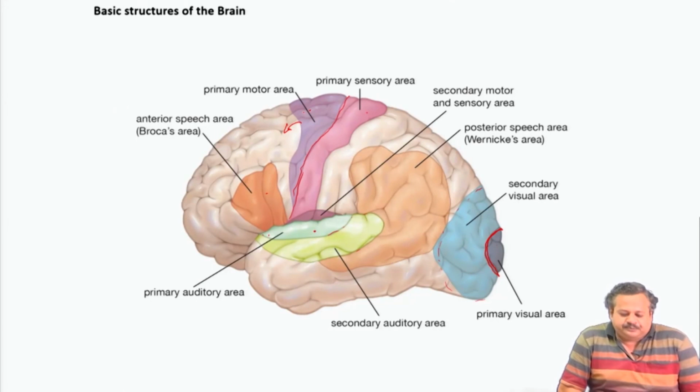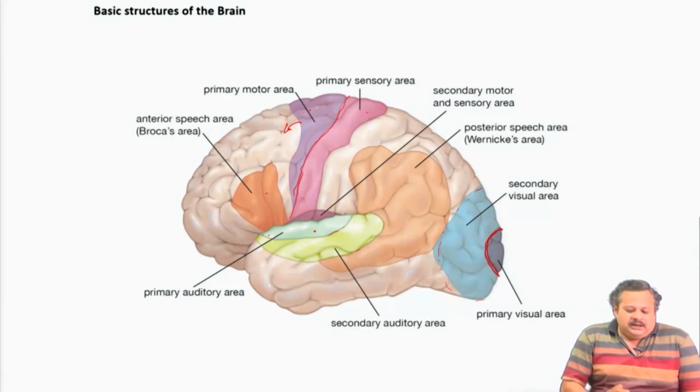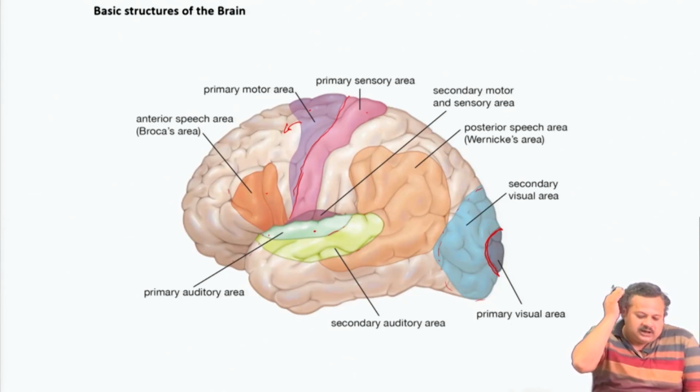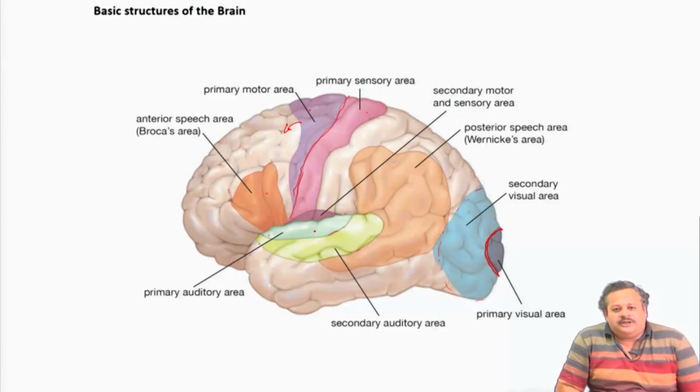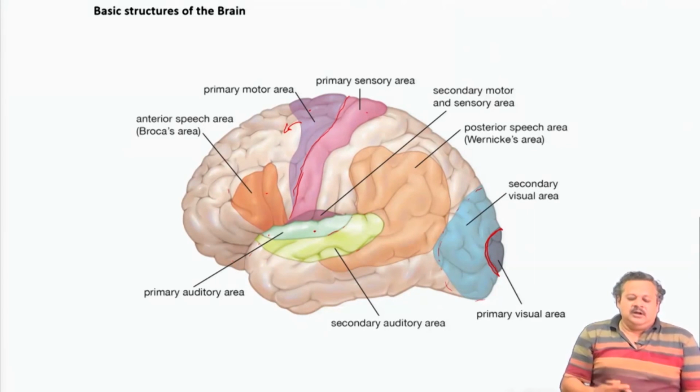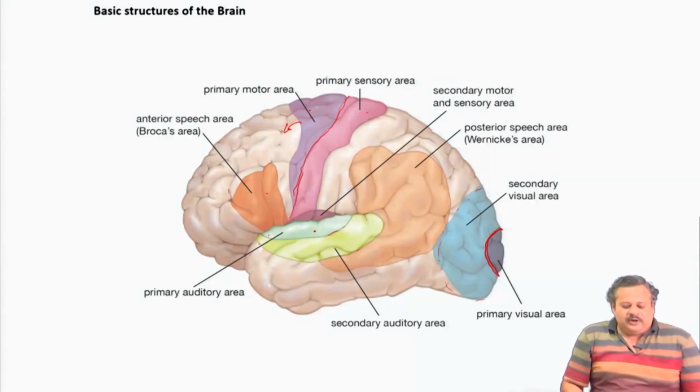that control our muscles. And right in front of this region is the prefrontal cortical region, which is the executive region of the brain, in the frontal lobe, and it is the most anterior part of the brain.